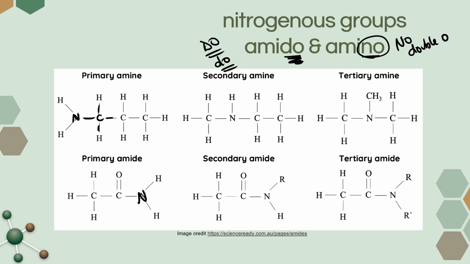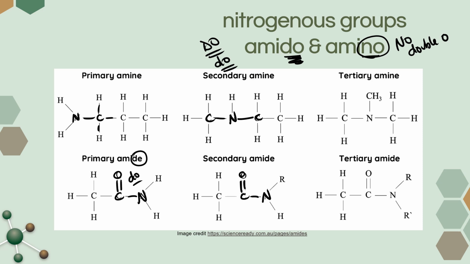This nitrogen is bound to a carbon that do have a double O, I know that's really bad grammar, but it's easy to remember, hence double O amido. This nitrogen is also bonded to a carbon that do have a double O, hence amido. This nitrogen is bonded to carbons with no double O's. This is an amino group.